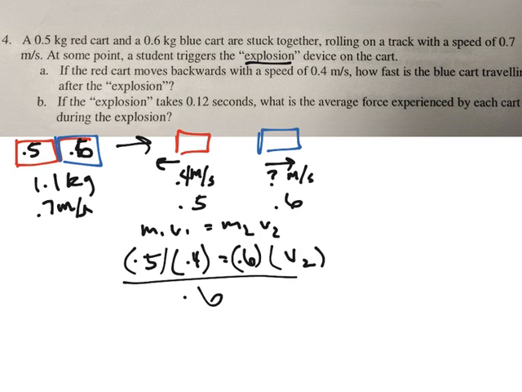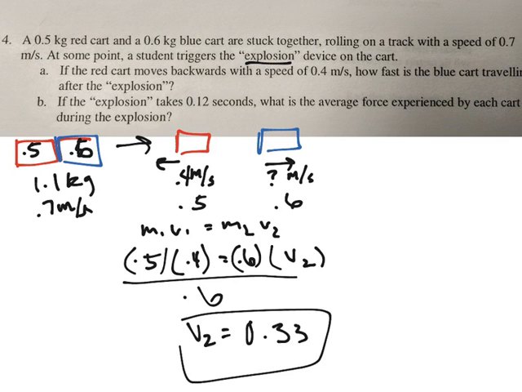Divide by 0.6, multiply this out, and our new velocity for our blue cart is 0.33, is as far as you really want to take that out. Alright, then, if the explosion, that pop, takes 0.12 seconds, what's the average force experienced by each cart?